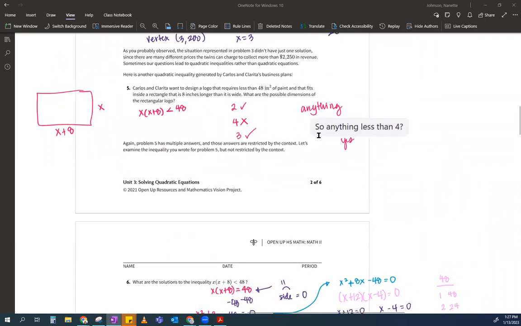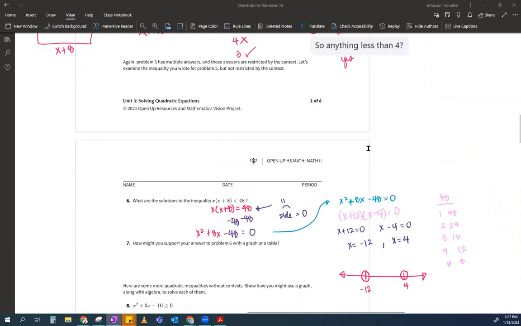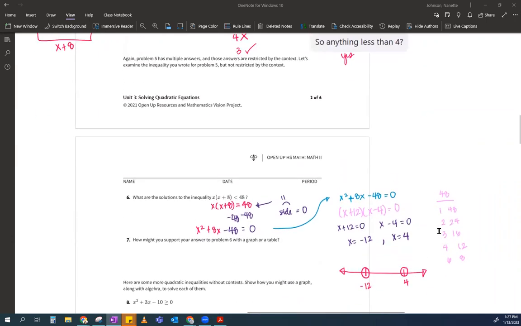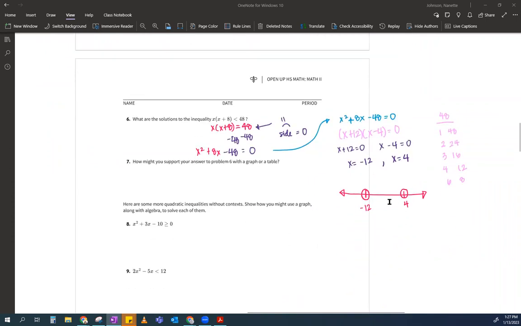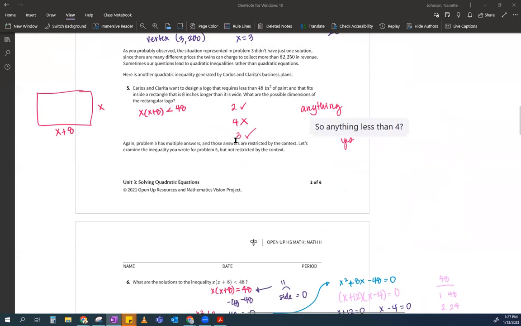So do you remember how earlier someone said, anything less than 4? And I said, well, yeah, kind of, right? So the answer is kind of yes, but not really. So I'm going to show you. Less than 4 worked. So all of these numbers in here worked, right? We already checked 3 and we already checked 2.